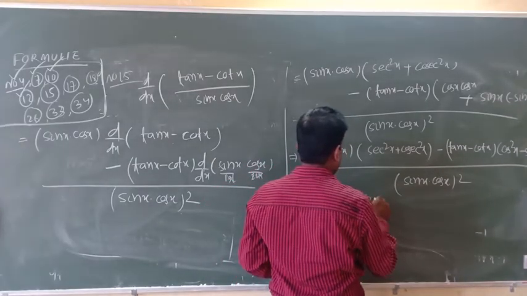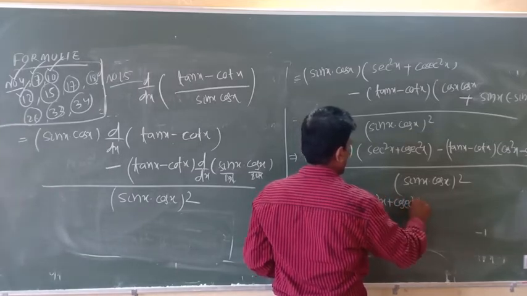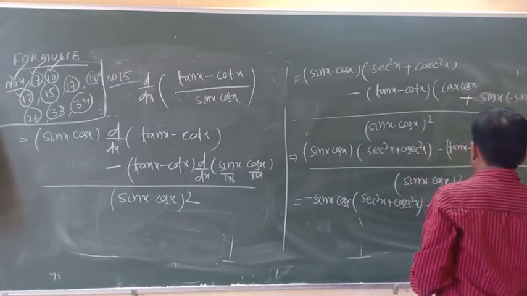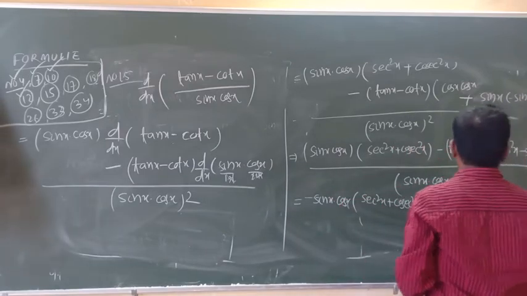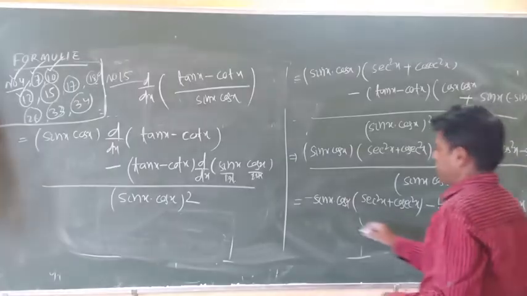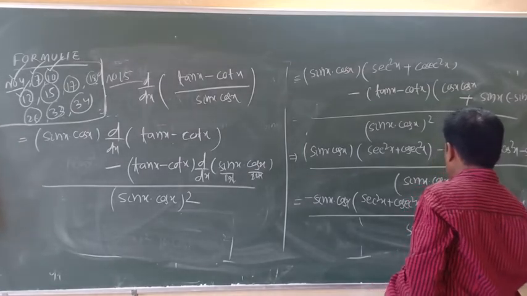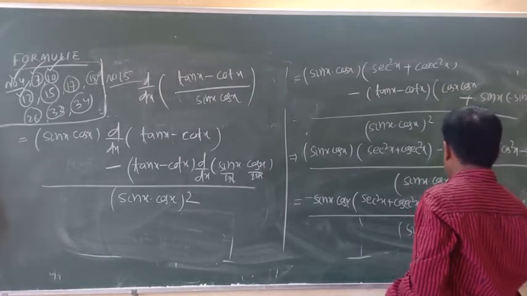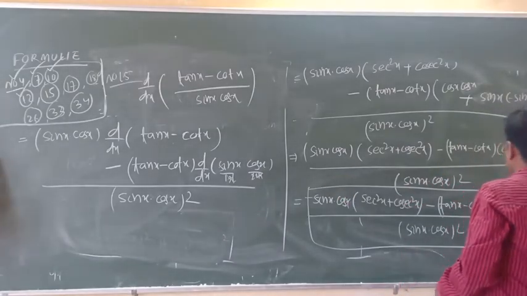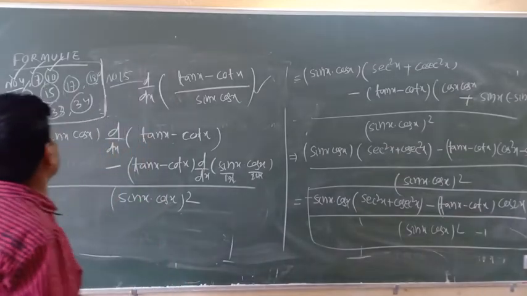Cos square x minus sin square x, that is cos 2x, divided by sin x into cos x whole square. That is the answer of number 15.